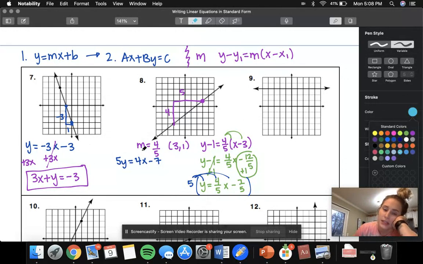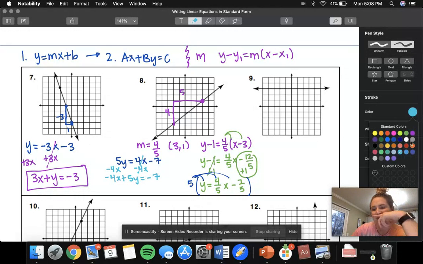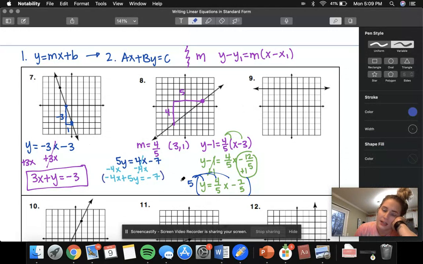Okay. Then you can do a double swap, or you can move the x, whichever you prefer. I'll move the x over just to show you guys there's more than one way to do it. Okay, so -4x plus 5y equals -7. And then again, the a value needs to be a positive number, so I'm going to multiply by a -1.